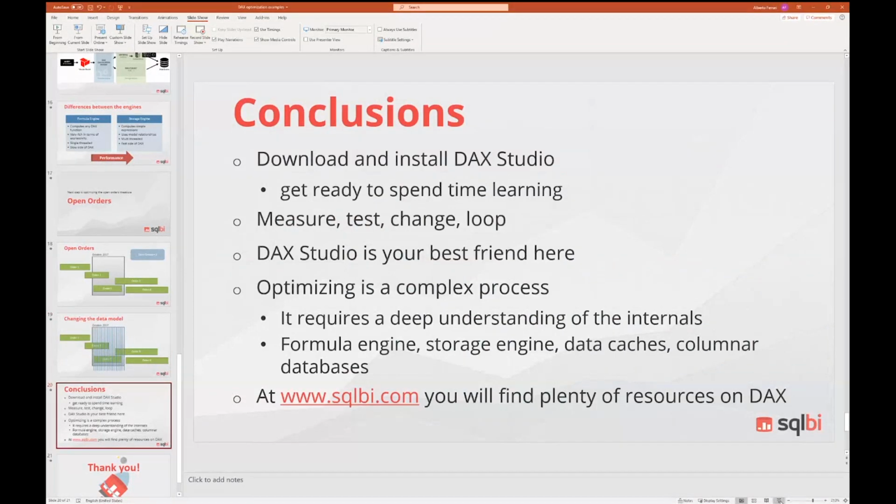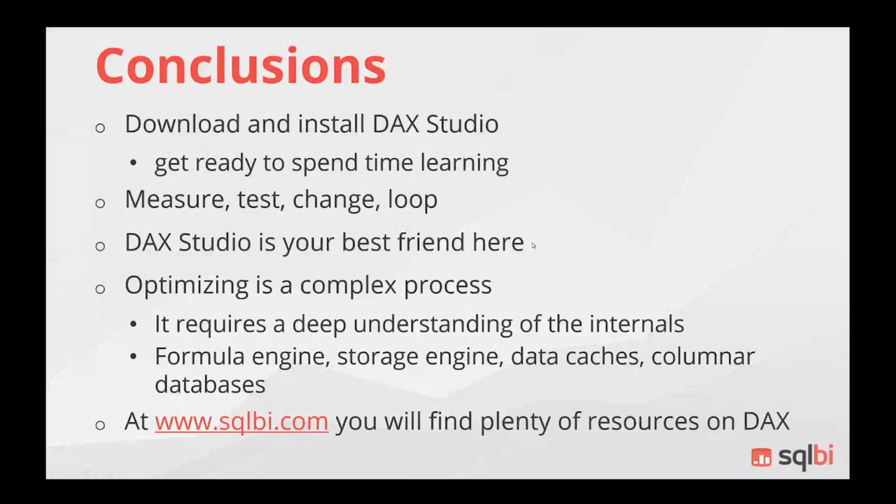So let's go for a conclusion. I used all of my time. If you want to do optimization, you need to understand, of course, the basics of optimization. That's in the book, in the courses we teach. You need to learn the details. And then the steps you need to do is first download and install DAX Studio, spend time learning how to use it, and then prepare to measure, test, update, and loop back, measure, test, and loop back, measure, test, and loop back multiple times.